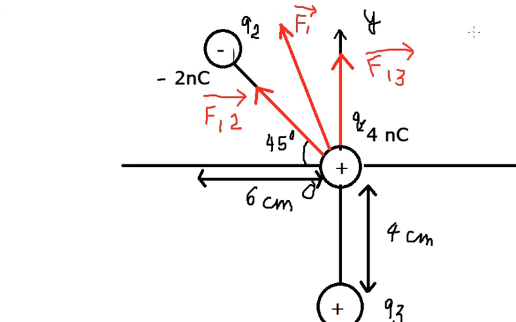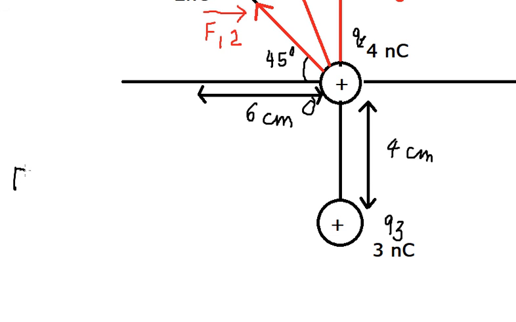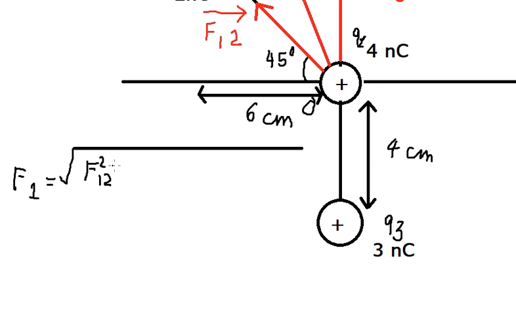So the formula to get F number 1, that should be F1 equals the square root of F12 squared plus F13 squared plus 2 F12 F13 cosine alpha.